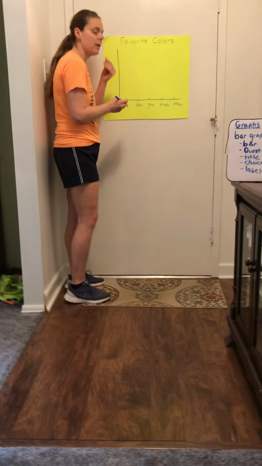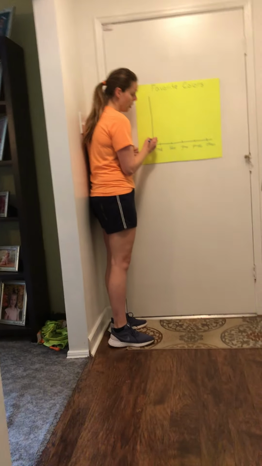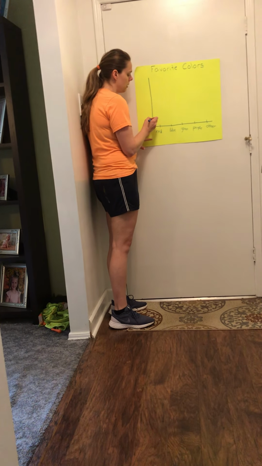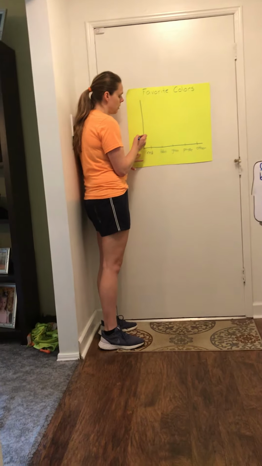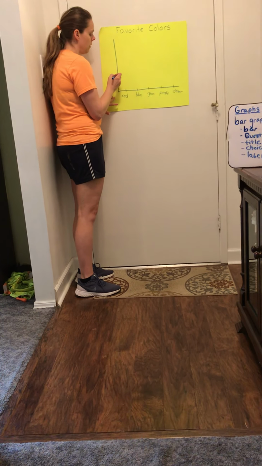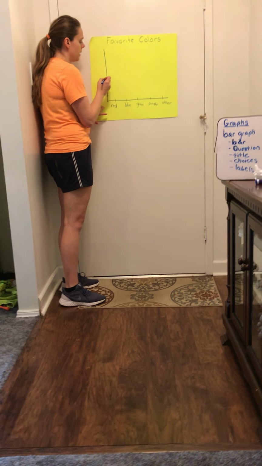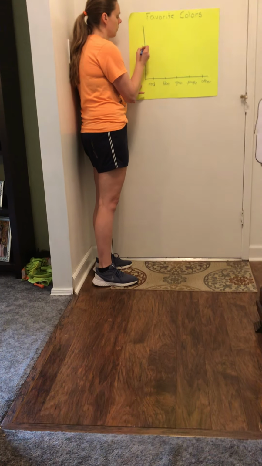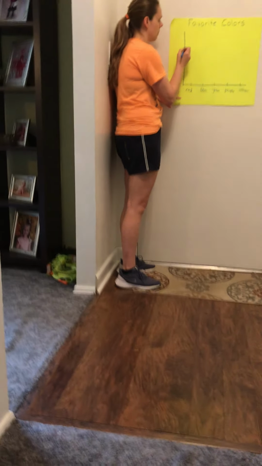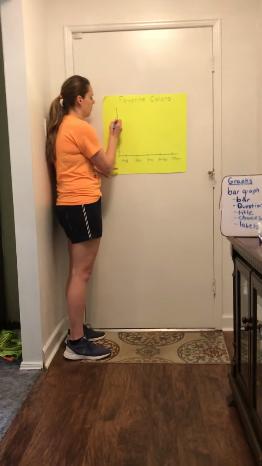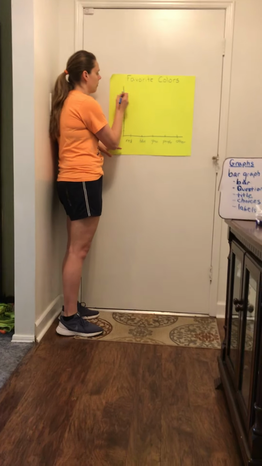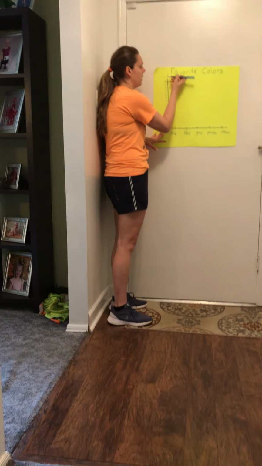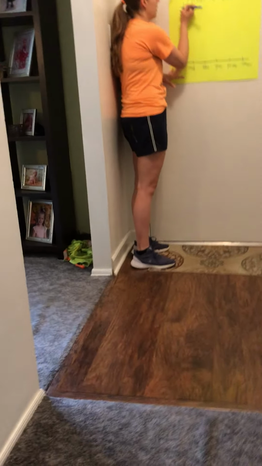All right, now I have to pick how many people chose that. I have to have those numbers here. So I do 1, 2, 3, and I keep going until the top of that axis. I can go a little bit higher.